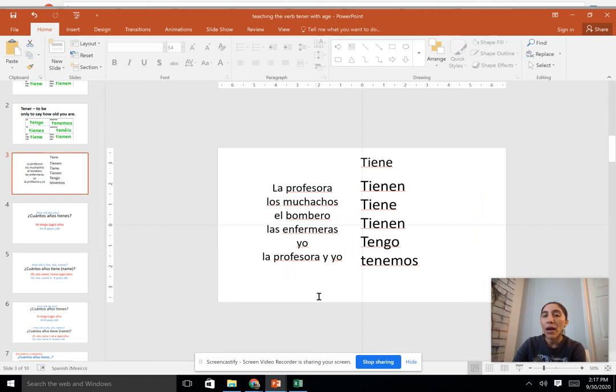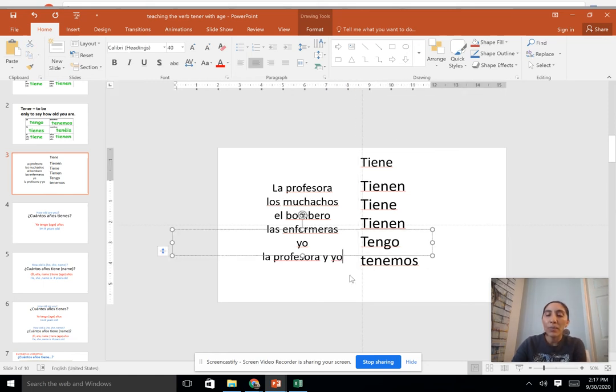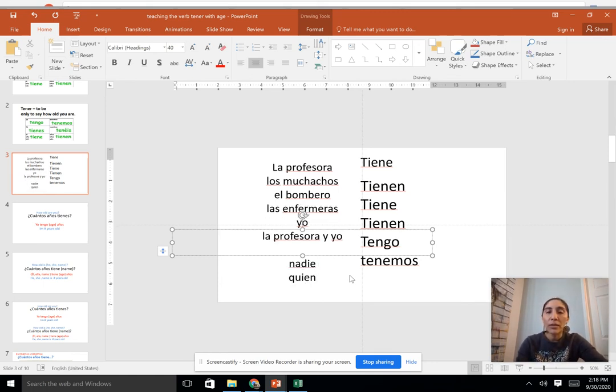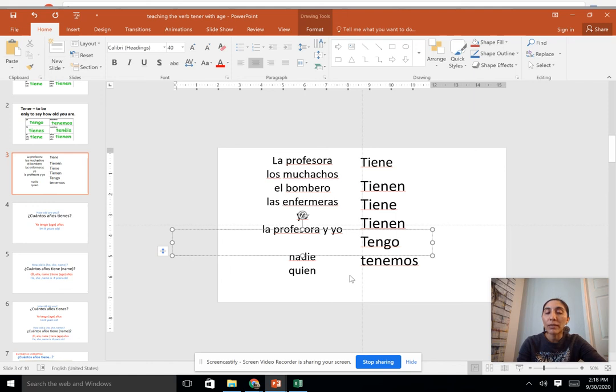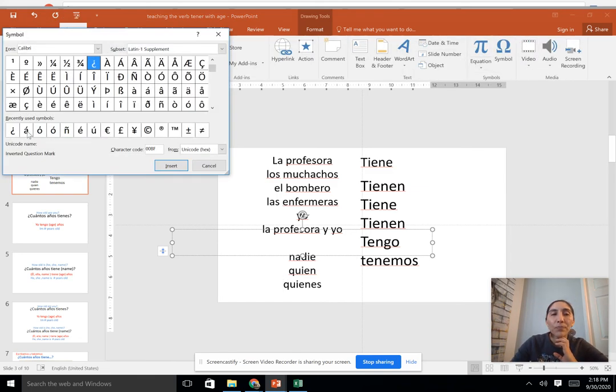Now, I want you to make these notes really quick before you move on to the next part. You have the subject nadie, which means nobody. And then you have the question words quién and quiénes, right? You guys learned this with the verb ser as well. So quién and quiénes are question words.